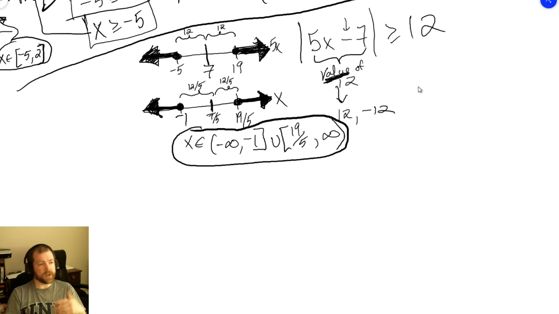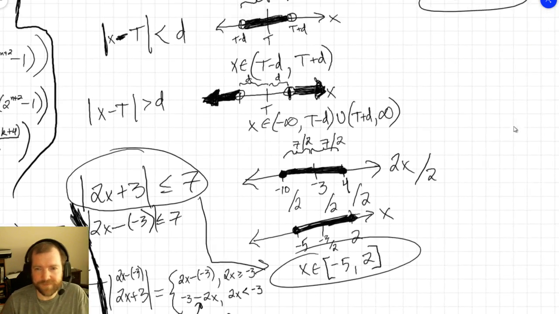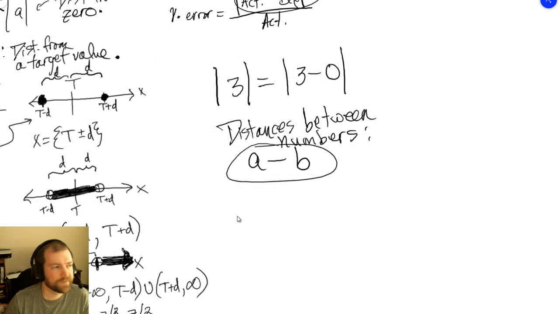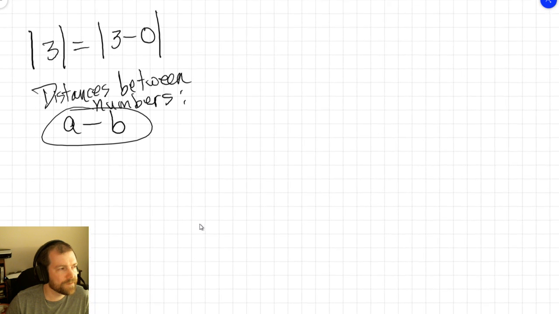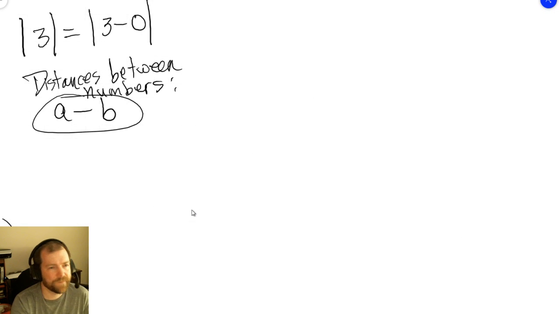We know that it has to be more than or potentially equal to 12. Do you understand that the distance between two numbers is going to be represented by their subtraction, their difference?